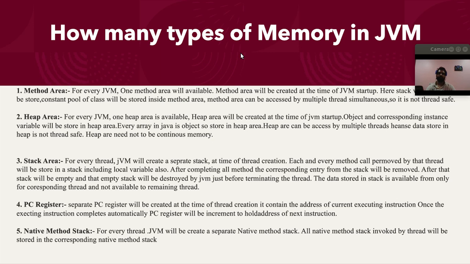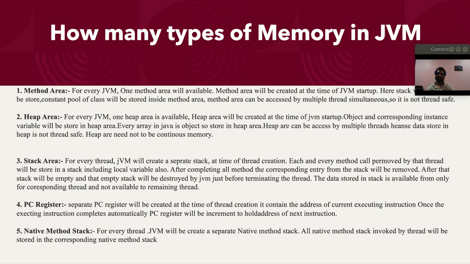Basically, the JVM has five types of memory. First is the method area, second is the heap area, third is the stack area, fourth is the PC register, and fifth is the native method stack. This is one of the important questions which comes up in core Java interviews.